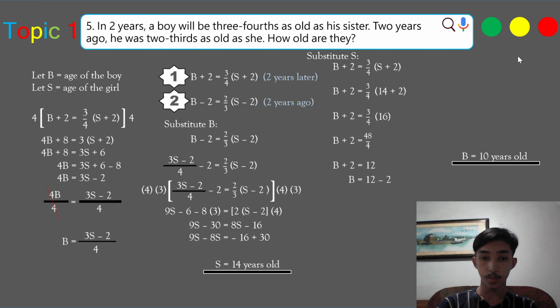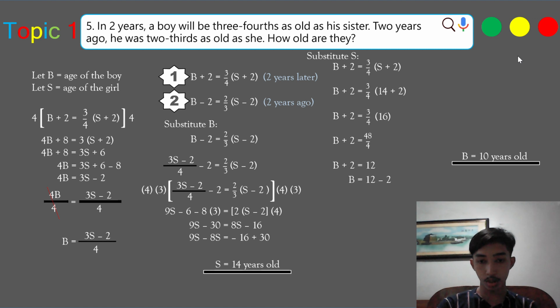So we have B plus 2 equals 3/4 times 16. So we multiply the numerator by 16, so we have 48 over 4. So B plus 2 is equal to 48 over 4, and we divide it, and it will be 12. So we have B plus 2 is equal to 12.